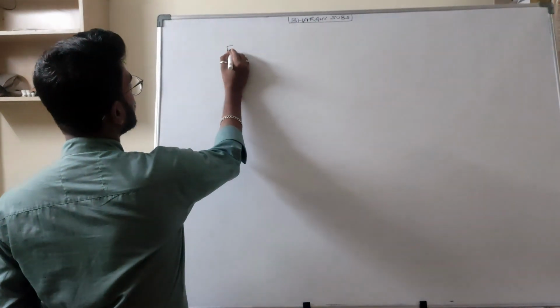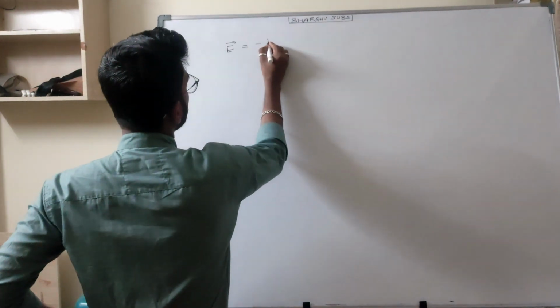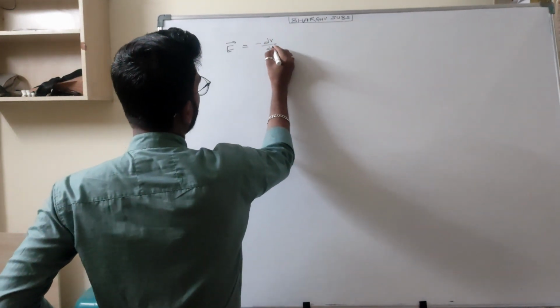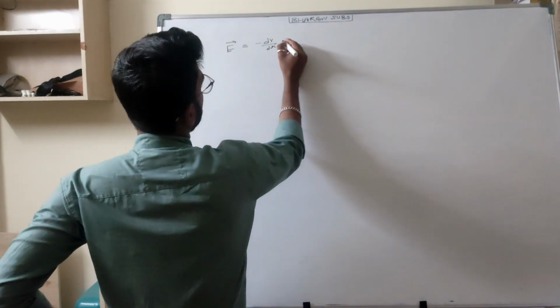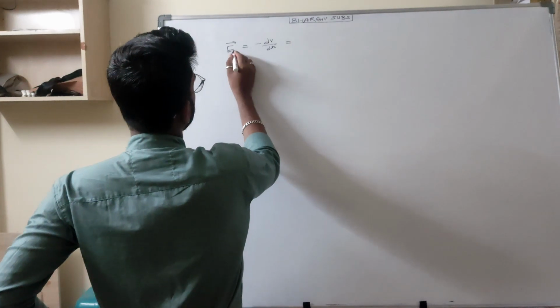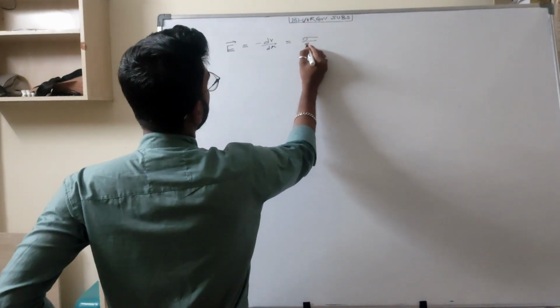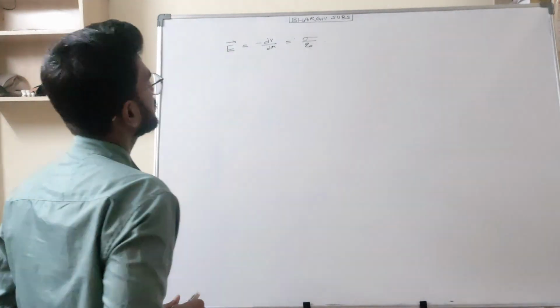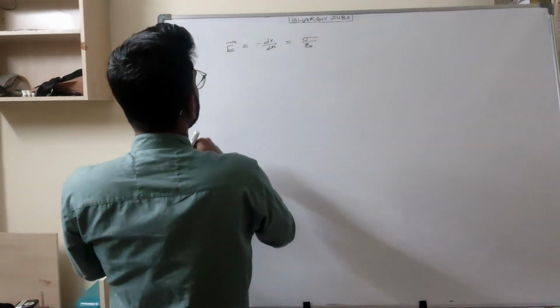Electric field is equal to minus dV by dr, and electric field is equal to sigma by epsilon.